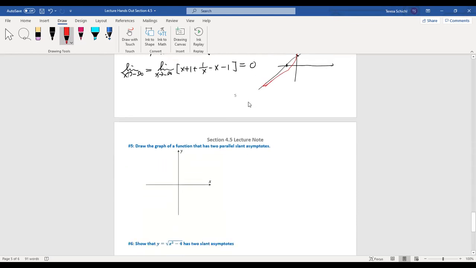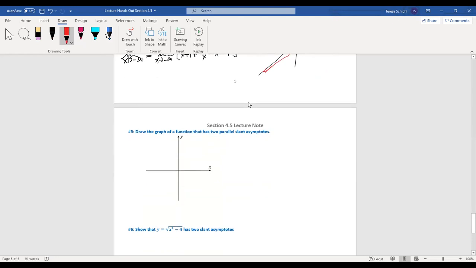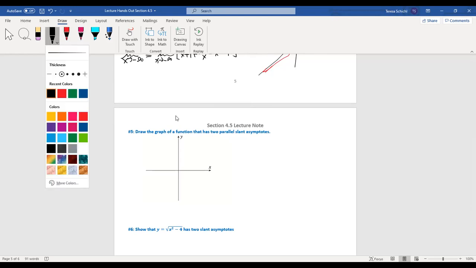Okay, now let's take a look at number 5. This one is interesting. It says to draw any kind of graph that has two slant asymptotes which are parallel to each other. Let's see here.